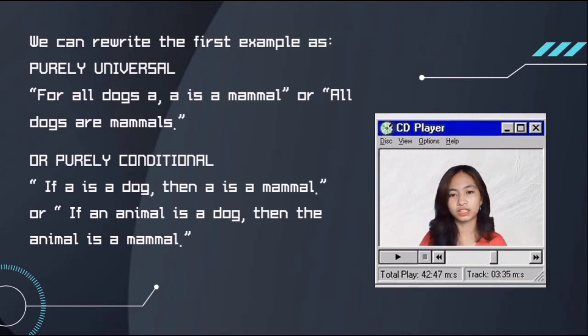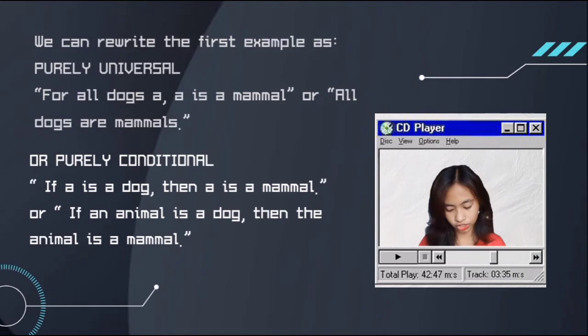We can also rewrite the statement as a pure conditional statement. For example, if A is a dog, then A is a mammal, or if an animal is a dog, then the animal is a mammal. We rewrote this statement and made it look more like a conditional statement.